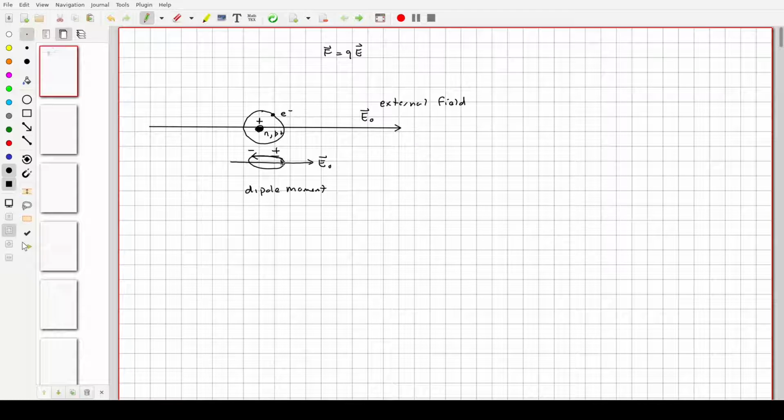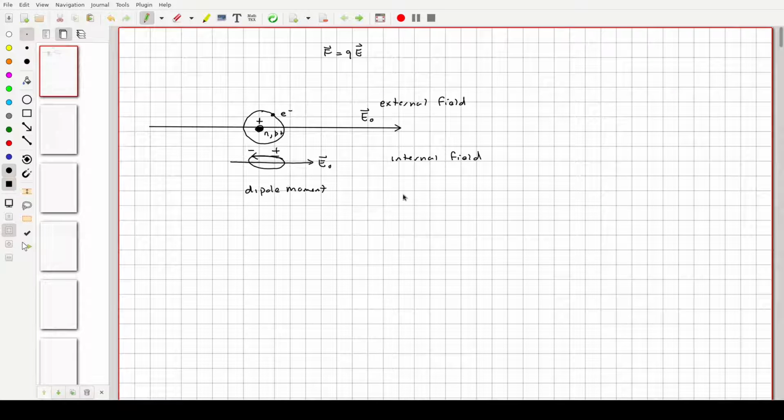Now you could think of this when you add up its effect over an entire substance, because this isn't just affecting one atom. This would be affecting all the atoms that are in line with the electric field as it goes through. So what this does is create what's called an internal field. And as a consequence, when you look at the overall field, you have this external field and the internal field's contribution as well.